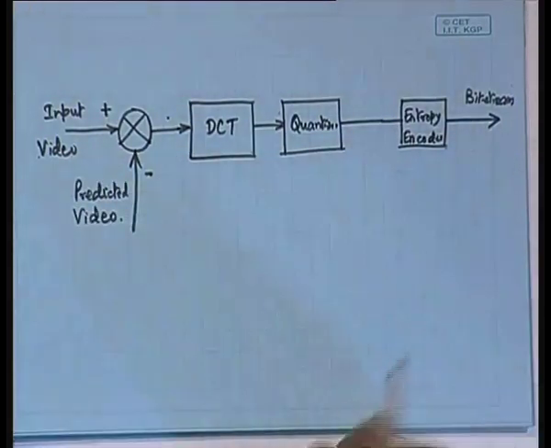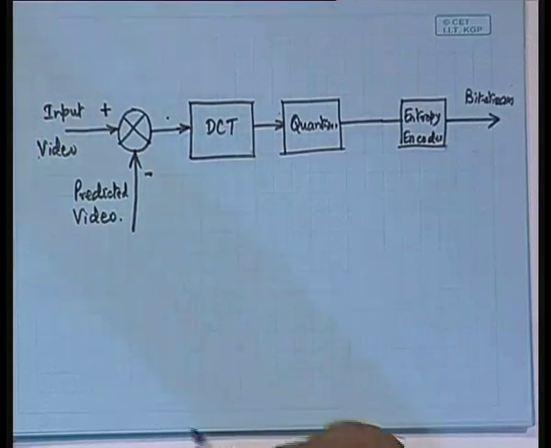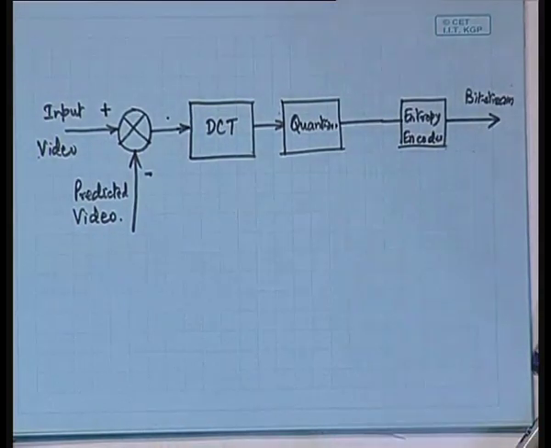Now, this is the forward path of the encoder, which looks very clear. That means what this bit stream is encoding is not the signal, but the residual signal, the prediction error signal.